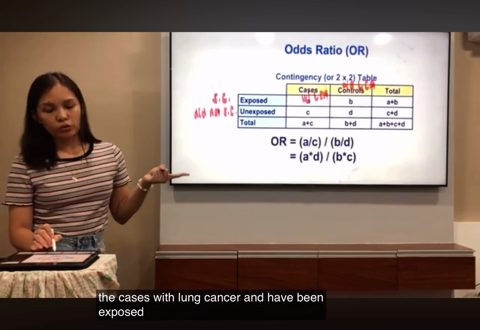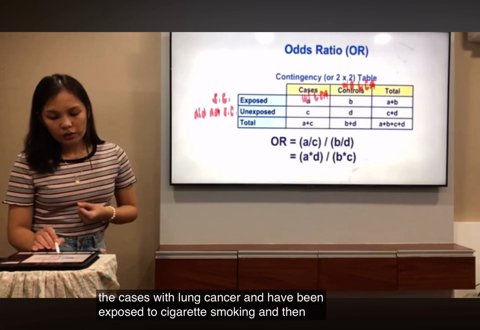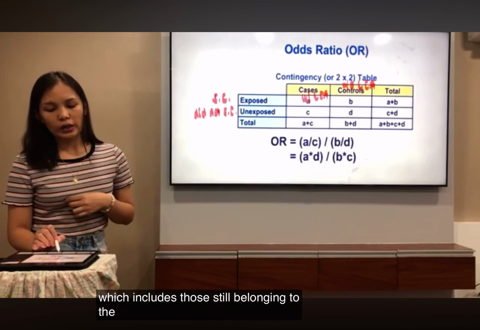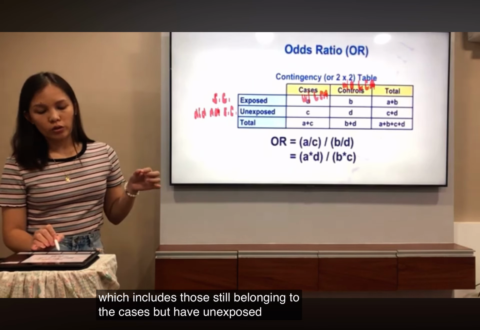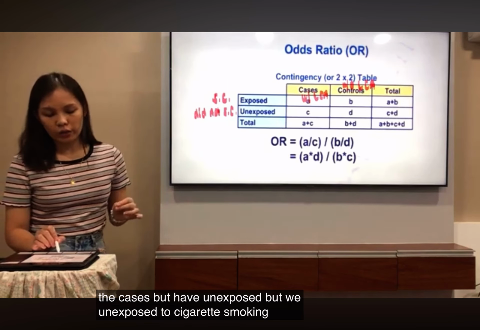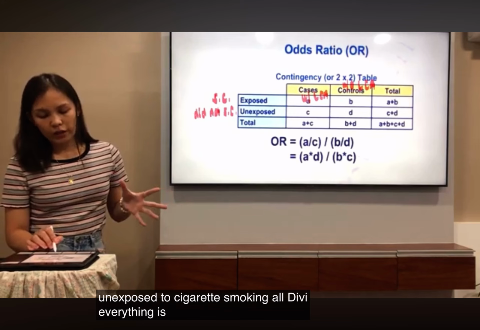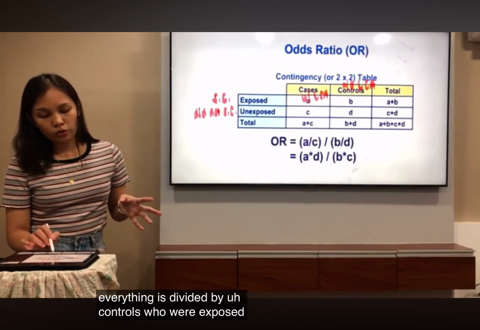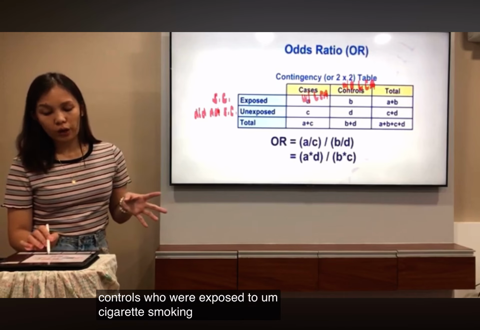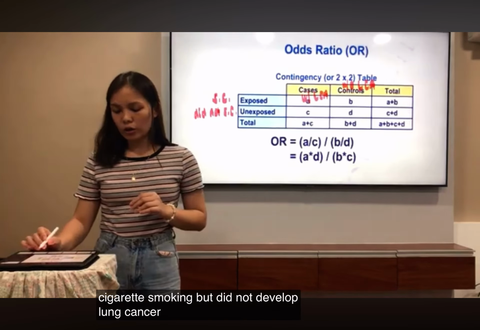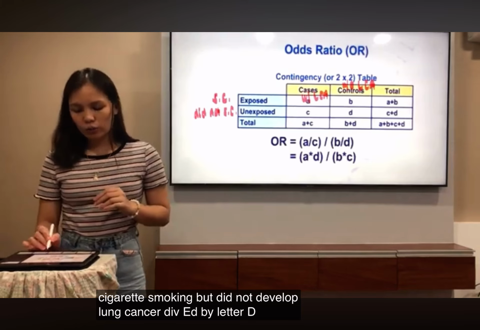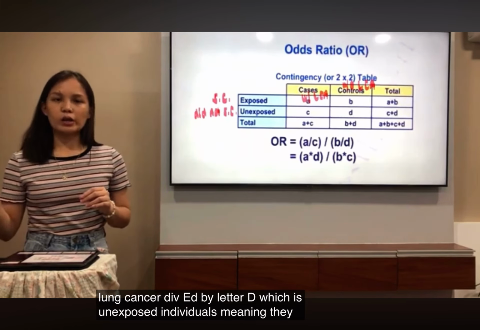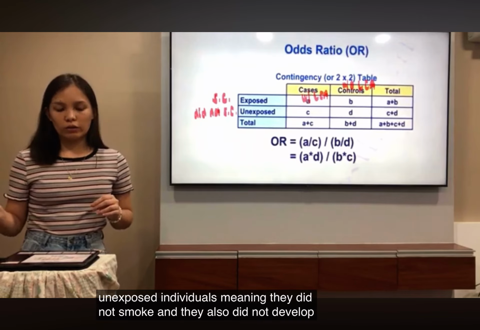and have been exposed to cigarette smoking, and then C, which includes those still belonging to the cases but were unexposed to cigarette smoking. Everything is divided by B, controls who were exposed to cigarette smoking but did not develop lung cancer, and D, which is unexposed individuals, meaning they did not smoke and they also did not develop cancer.